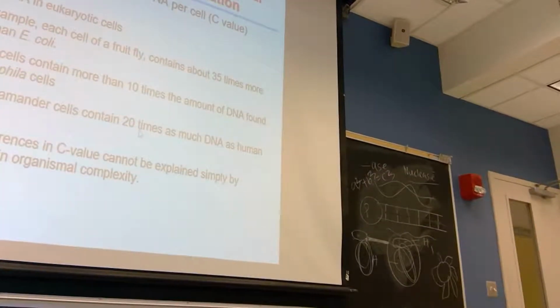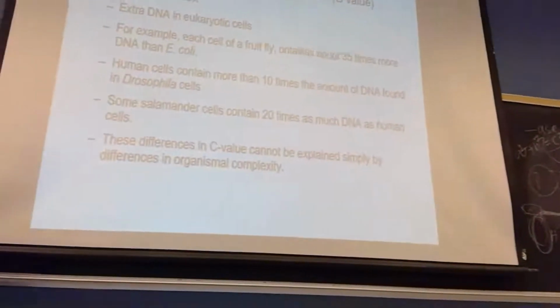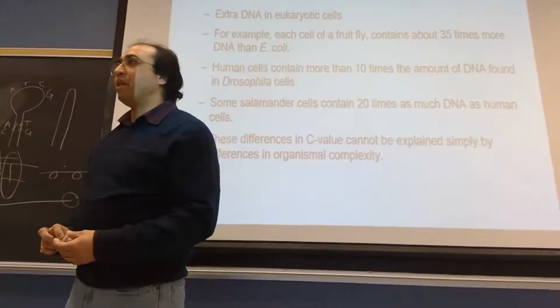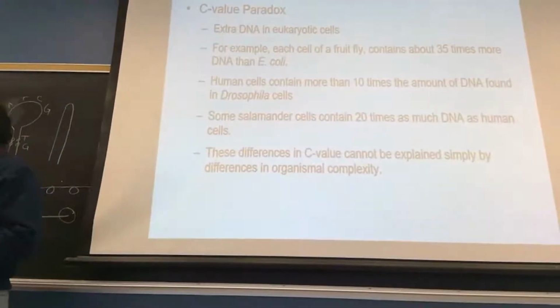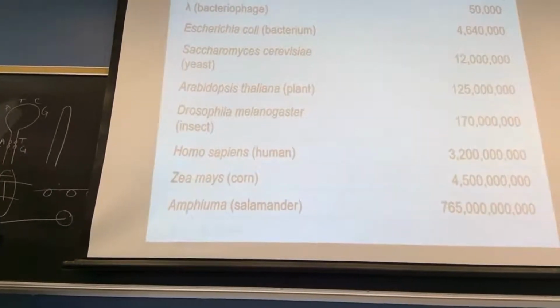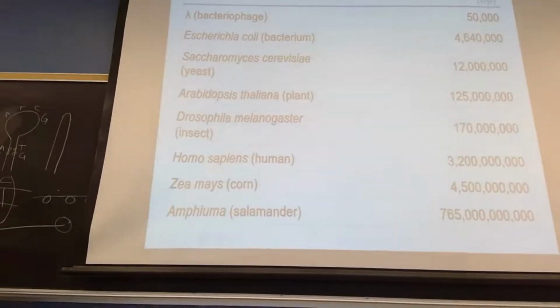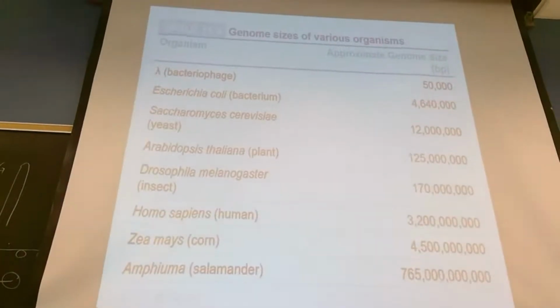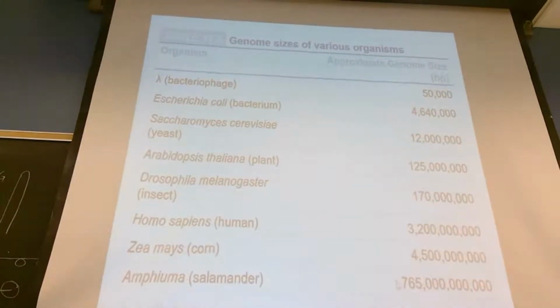So the C-value paradox is something like that. We don't know why this much amount of DNA is there. And this is the genome size of the salamander, which contains this many base pairs of DNA. We don't know why.